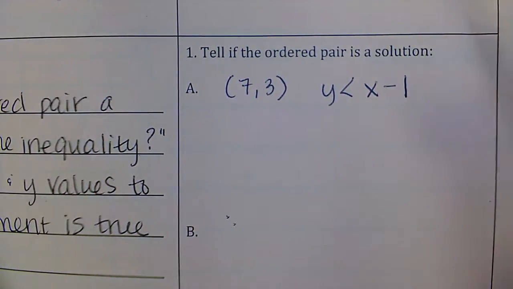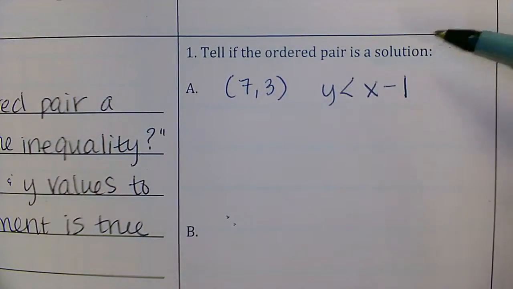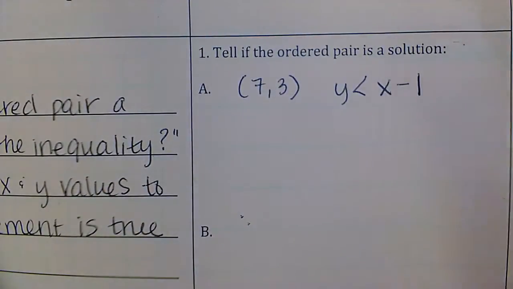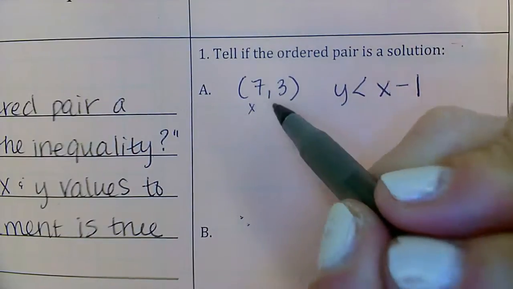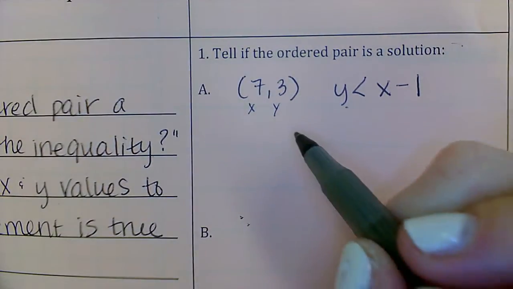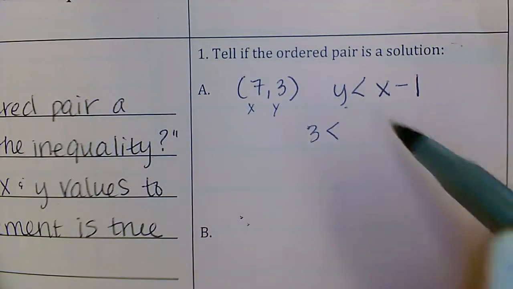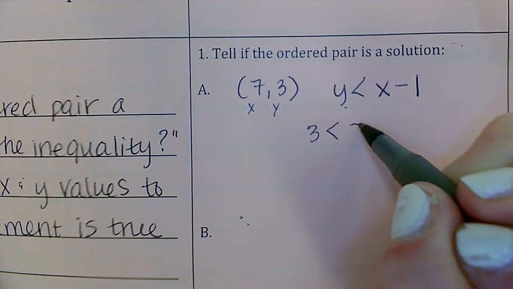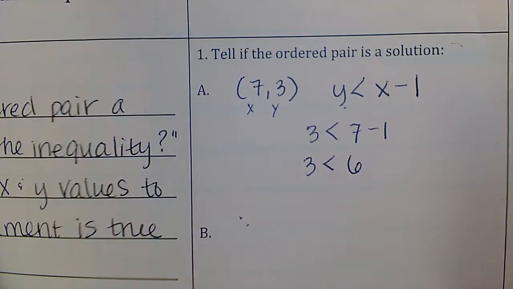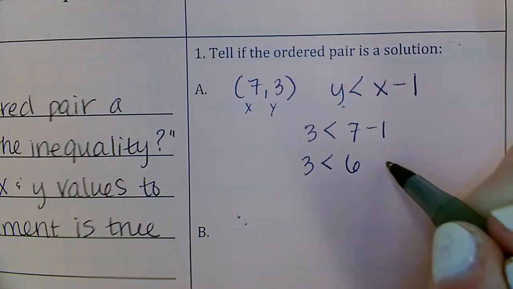So for now, what we're going to do is tell if the ordered pair is a solution. So we have 7, 3, we have our inequality. Pretty basic, we just plug in our values. So we have an x value and we have a y value. So where I see a y, I'm replacing it with 3. So 3 less than, my x is 7, 7 minus 1. I get 3 less than 6. Is 3 less than 6?